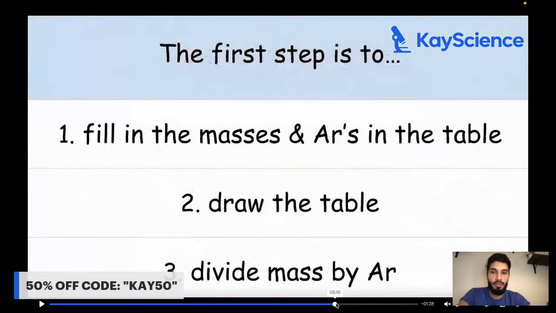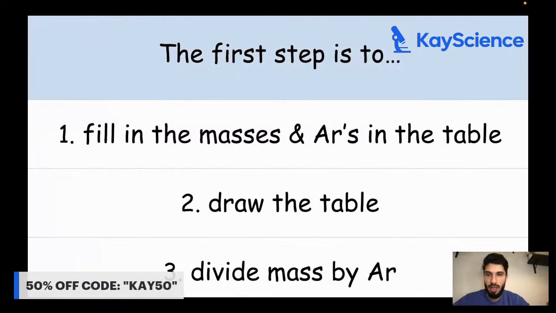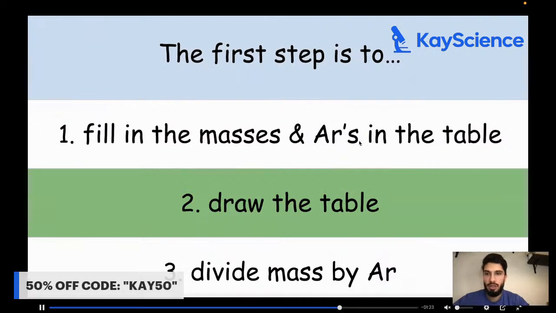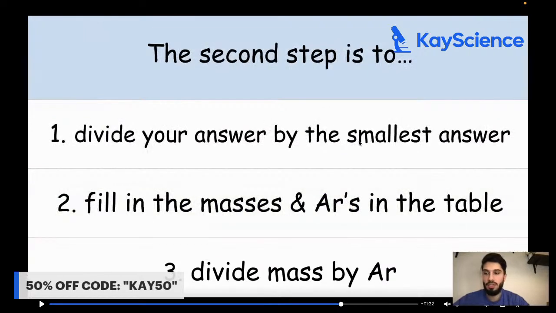So let's do question time. In the chat section, the first step is it 1, 2, or 3? Well done, number 2. You always draw the table. It's the very first thing that you do. The second step is to do what?